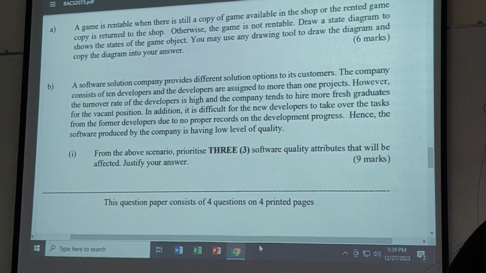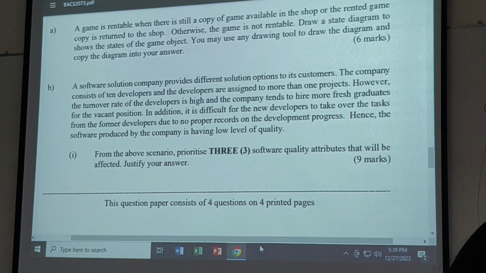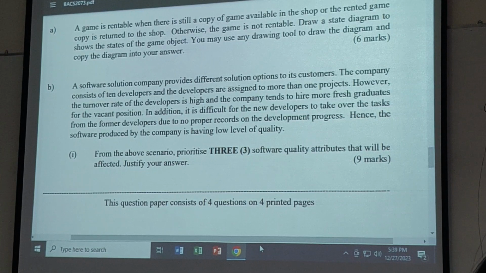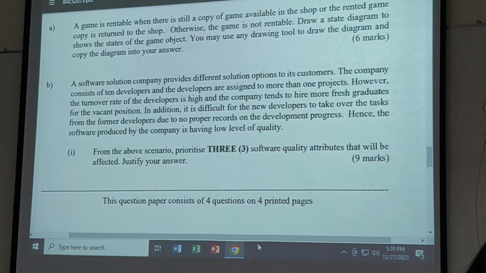So this is quite difficult compared to just now, the conversation, okay? A software solution company provides different solutions. The company consists of 10 developers and the developers are assigned to more than one project. However, the turnover rate of the developers is very high, meaning that employees come and go.